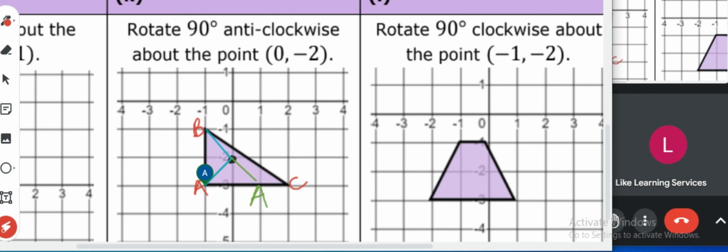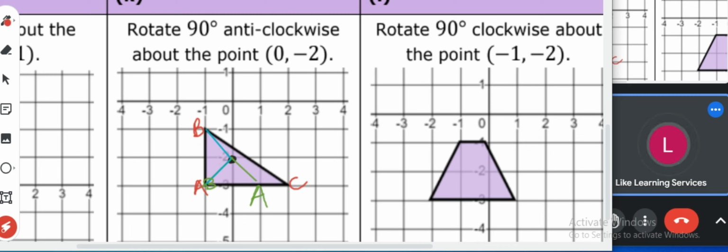Yes, that's where it should be. When you rotate it 90 degrees this way, that's the new position of B, because when you rotate this line 90 degrees anti-clockwise, B from here will now come to here. So that's how it will be.